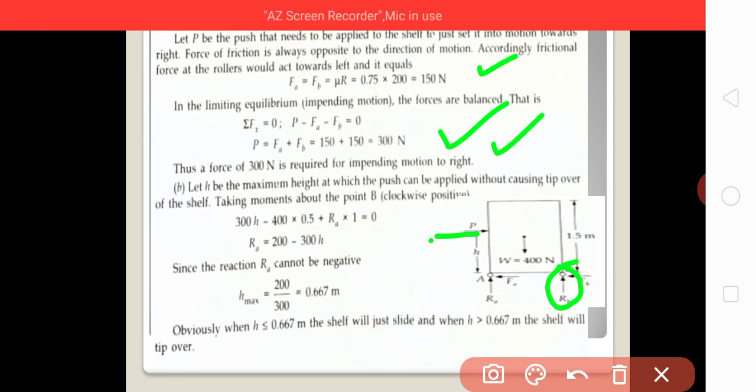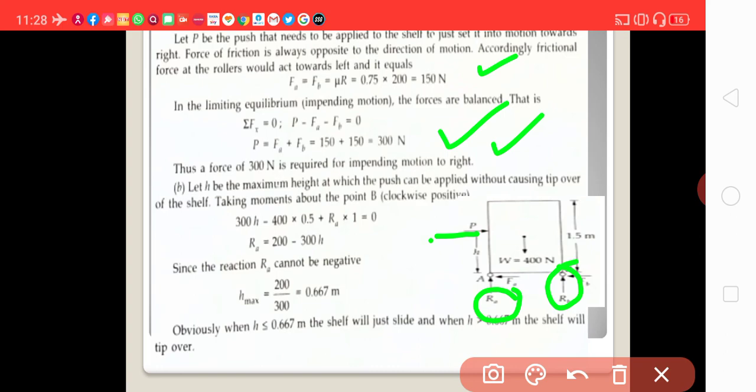When it is just to tip or topple, then this condition, which is not shown in this problem, this RA will be almost 0. This reaction is acting at the point, so its moment will always be 0, then P into h should be equal to W into this half.